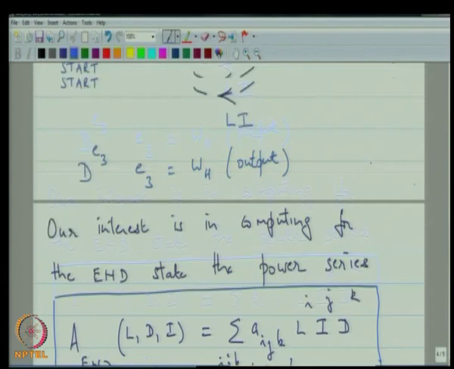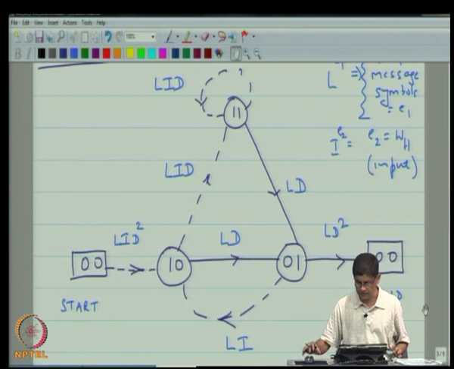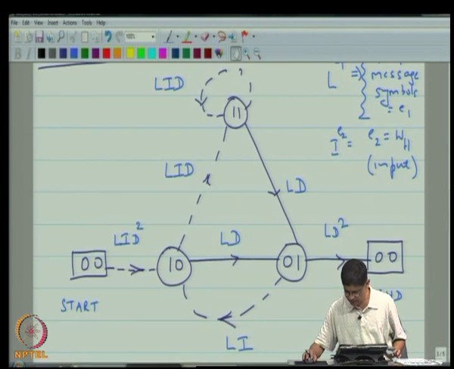In this diagram, our ultimate aim is to compute the generating function associated with this end node, but what we can do is write down expressions that relate the generating functions at each of the intermediate nodes, and from that we can compute this. The methodology is very similar to solving systems of linear equations, and I think once I actually write this down you will have a better understanding. So, let us do that.